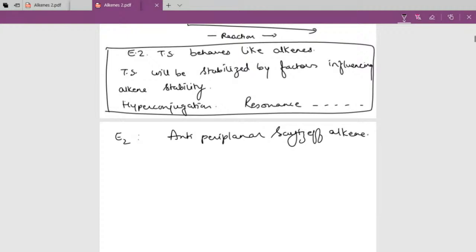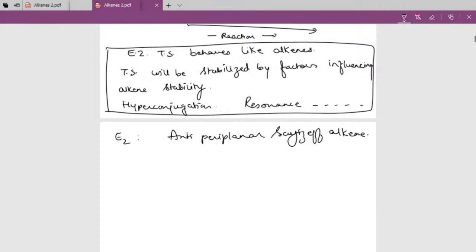This is what it should be mainly, this is what it should be majorly, because as I have explained, the transition state which involves the removal of H in a way that a more substituted alkene is formed will give the more stable alkene.